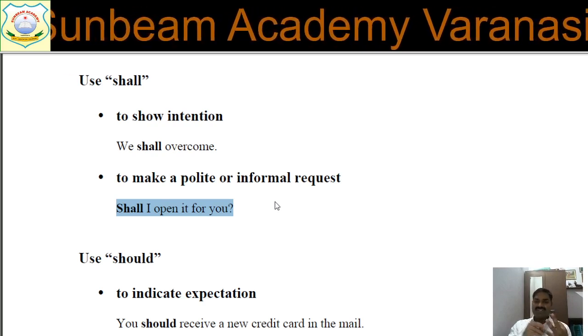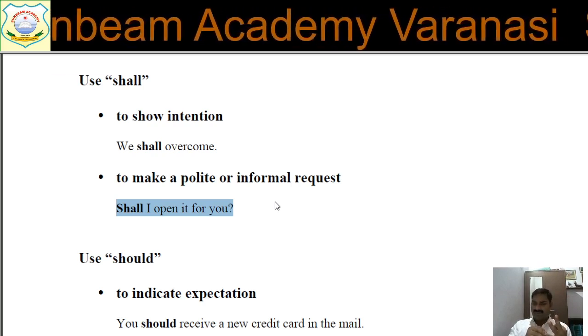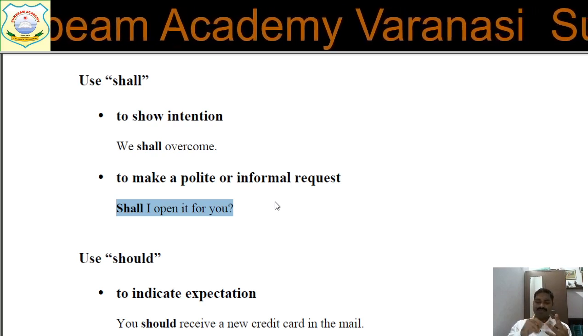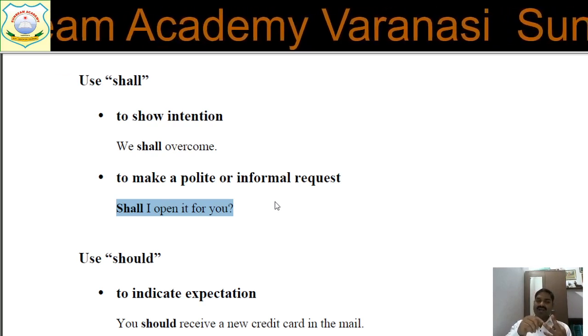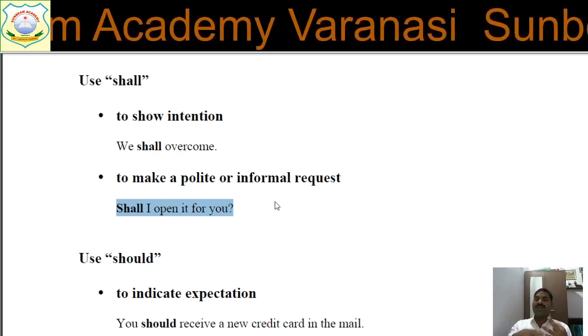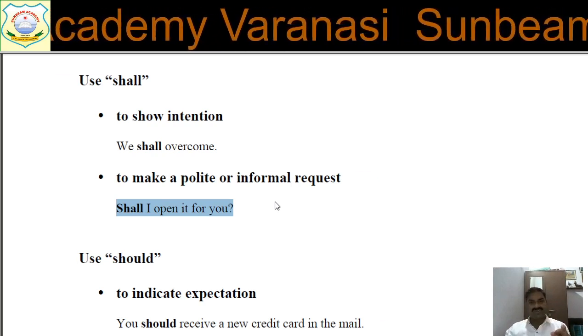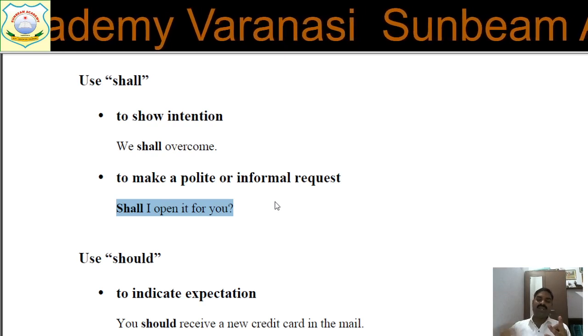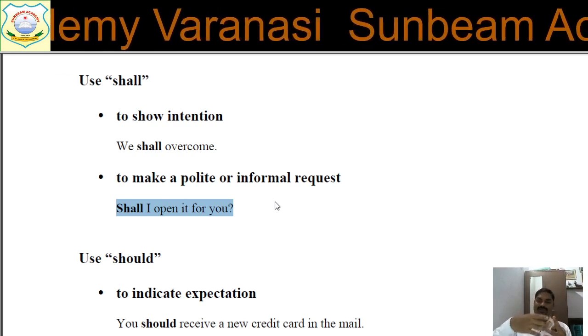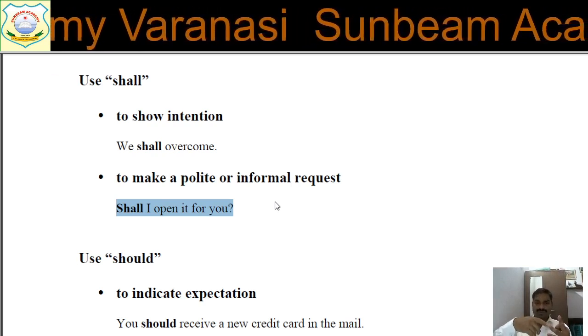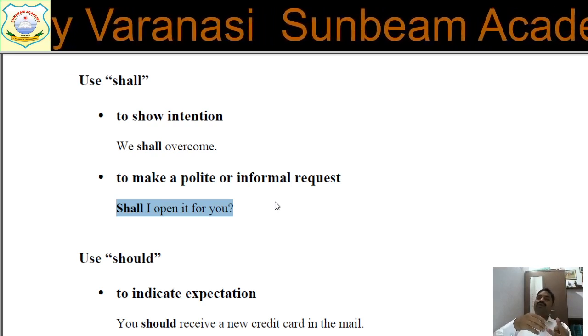The difference is that shall is informal, could is more polite than shall, and would is more polite than could. So this is the only difference, that the degree of politeness grows when you use could and when you use would.